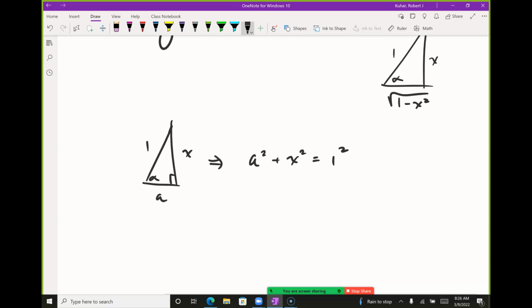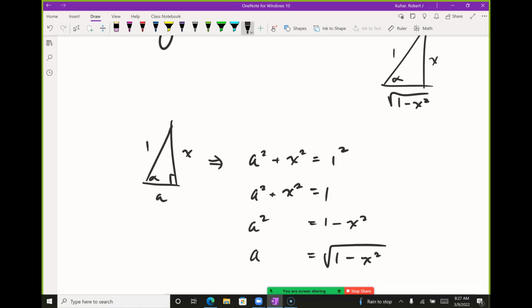So I get a squared plus x squared equals 1. Oh, sorry, I'm solving for a, right? So I get a squared is equal to 1 minus x squared. And then I take a square root, and I get square root of 1 minus x squared.